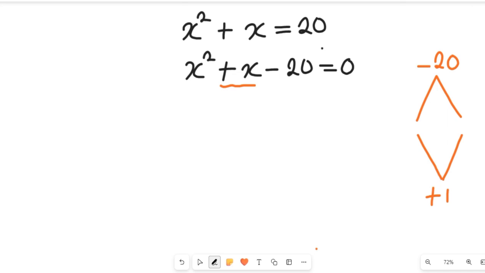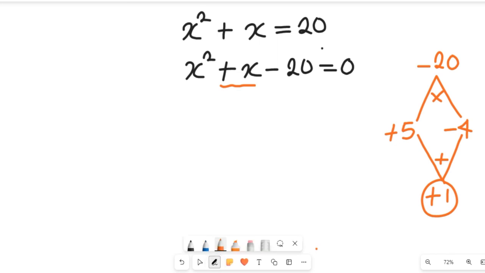Let's assume those two factors are 5 and 4. 5 times 4 gives us 20. So if we give 5 a positive sign and 4 a negative sign, positive times negative gives negative, so we get negative 20. Now let's add: plus 5 plus minus 4 gives us a positive 1.